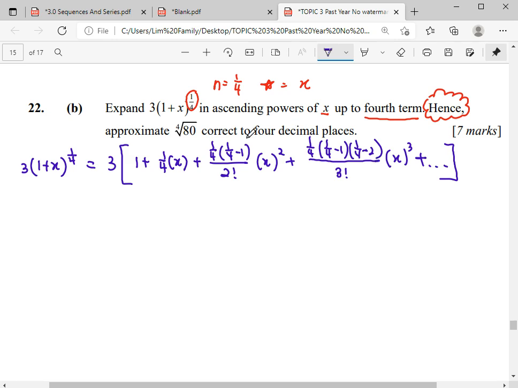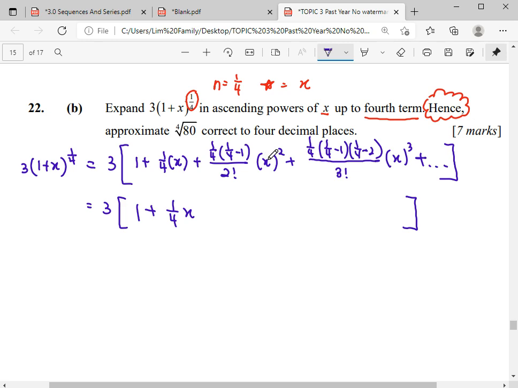Okay, so this is our expansion where our 3 is a coefficient. Then we simplify our expansion first. This is 1, so 1 is still 1. This is 1 over 4 x. For this value, I have to press the calculator: 1 over 4 times 1 over 4 minus 1, over 2 factorial.